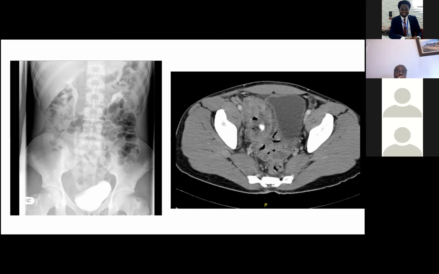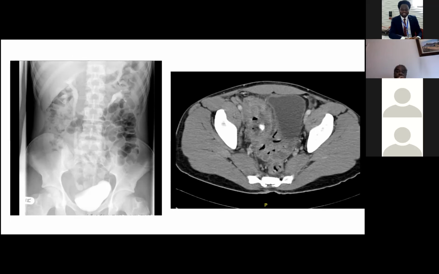Does anybody have a guess at the final diagnosis? The diagnosis here was acute appendicitis, and the opacity we saw on the original X-ray was an appendicolith.